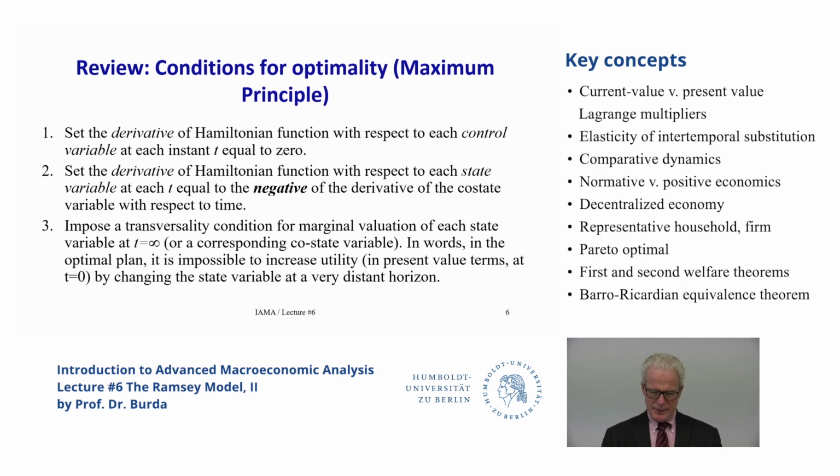So this is the co-state variable in this problem. You can think of it, in this problem, as either the Lagrange multiplier multiplying the periodic budget constraint in each period t. It will also be identical to the marginal utility of consumption.